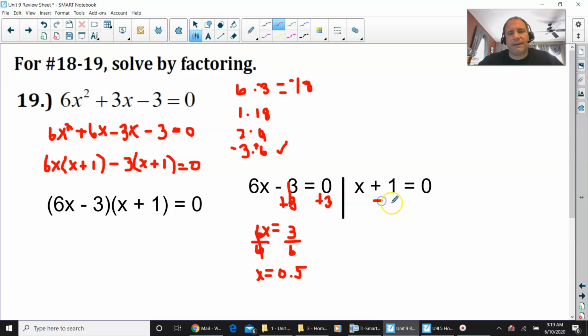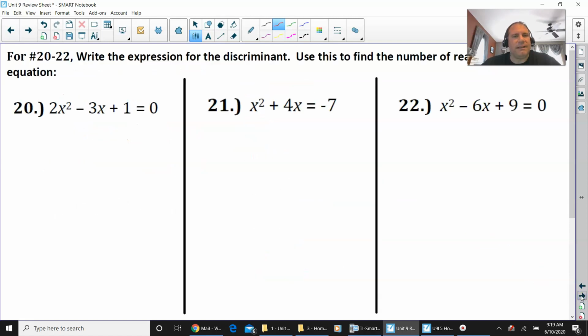So you have minus 1 here and minus 1, and this cancels, and then x equals negative 1. And it's an OR. Those are your two roots, solving by factoring.